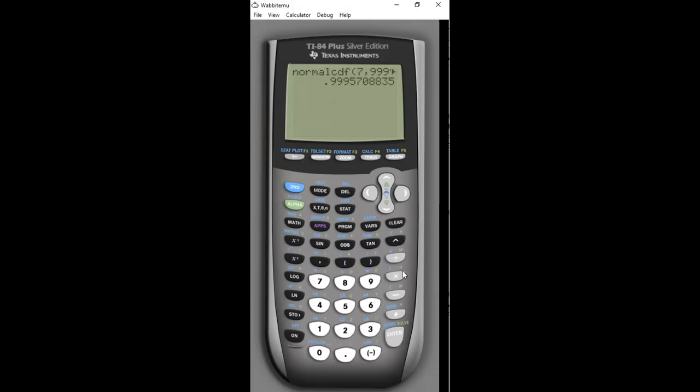Let's take a look at my battery B. So second bars again, so normal CDF. So I have a 7, upper bound still the same, but now my mean changed to 15. Now what is my standard deviation? 3. Okay, so I get 0.9961695. So my pink area is 0.9961695.